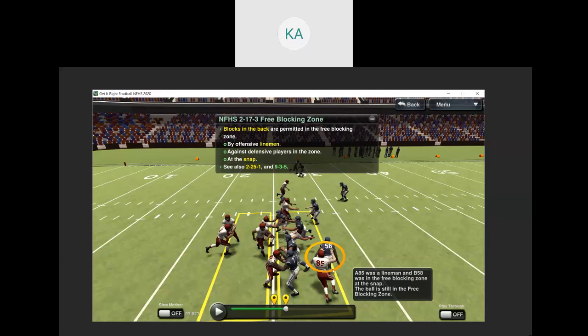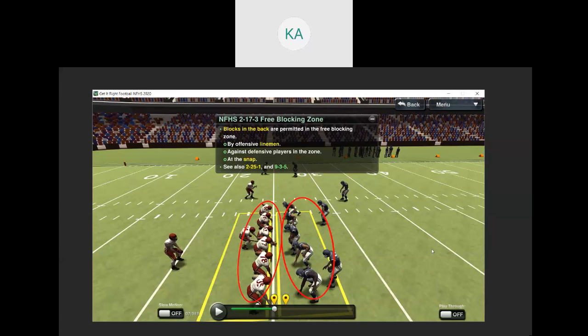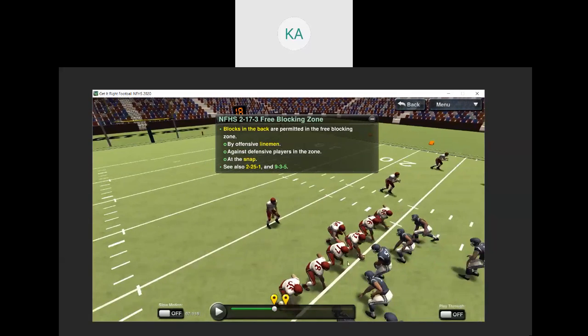Number one, was number 58 in the free blocking zone? Since he wasn't on the line, to make it obvious that he was in the free blocking zone. Was number 85 in the free blocking zone? If he was spread out from that tackle, then he would not be eligible to do that.